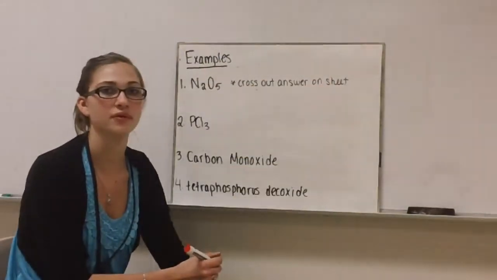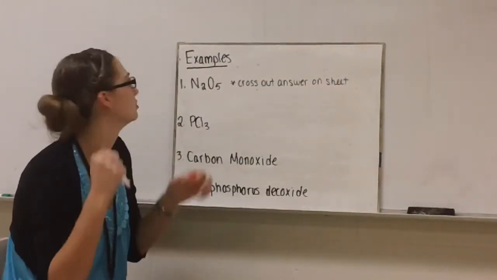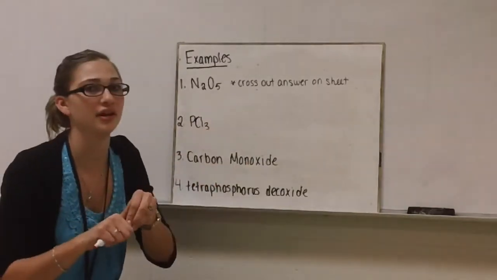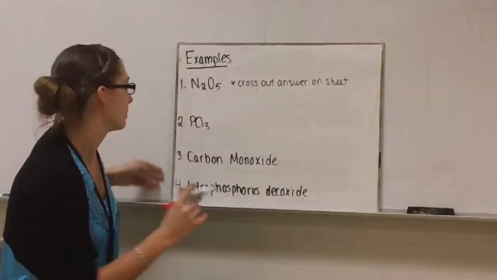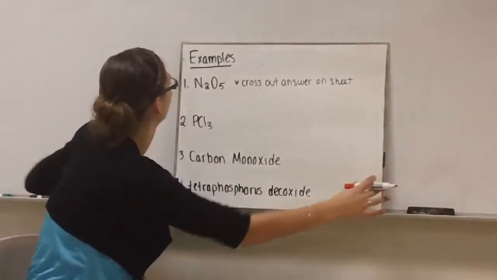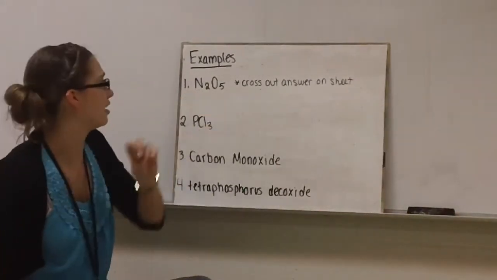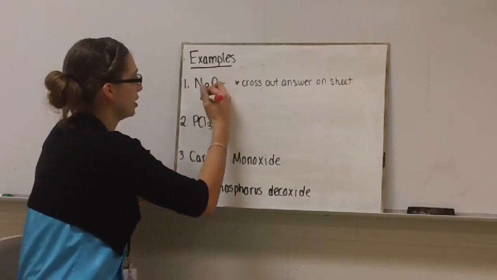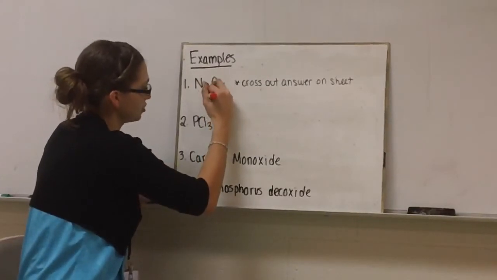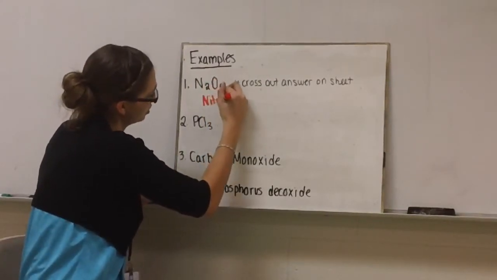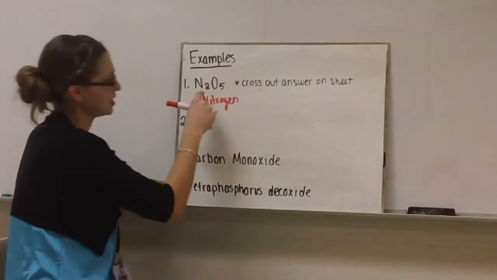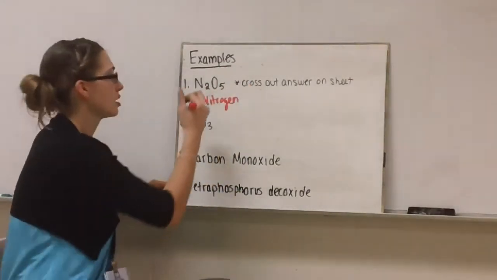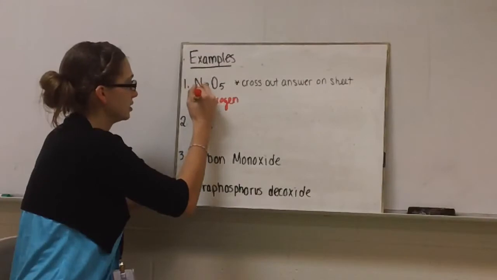So let's do the first 4 examples on your handout. The first one, the answer on your handout is incorrect. I'm sorry about that. But let's do the correct answer now. So we have N2O5. So using what we just learned, we know that we're naming our first one, so nitrogen. And since it has a 2 as its subscript, in front of it we would put di.